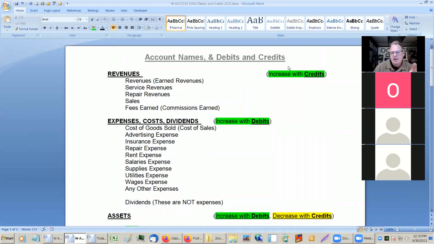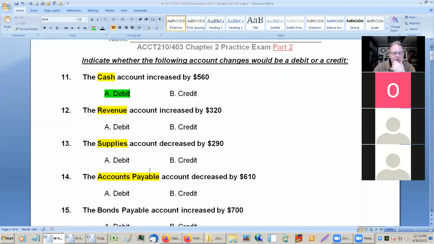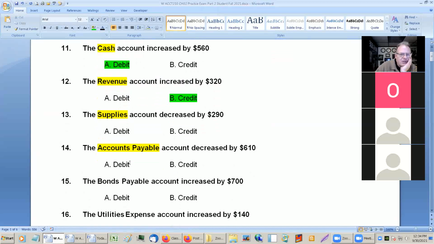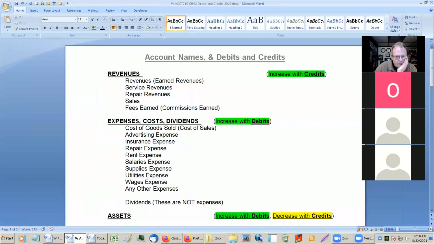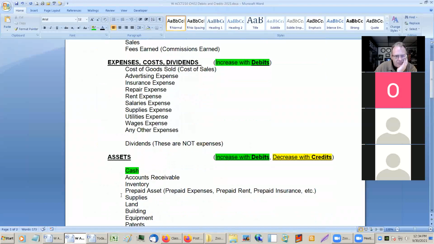So revenues and expenses are kind of the easy ones for the journal entries, because they're always increasing. It's possible they could decrease, but usually something kooky is happening. Supplies account decreased. Credit.